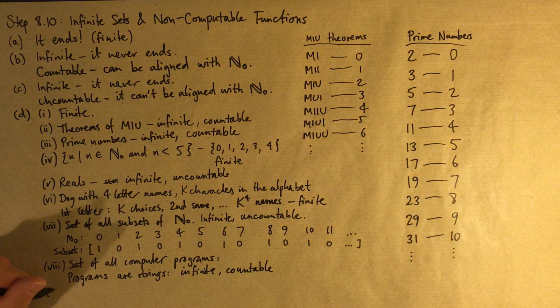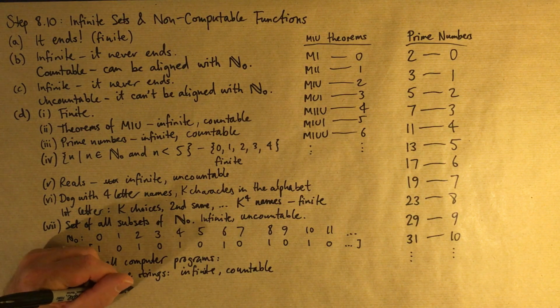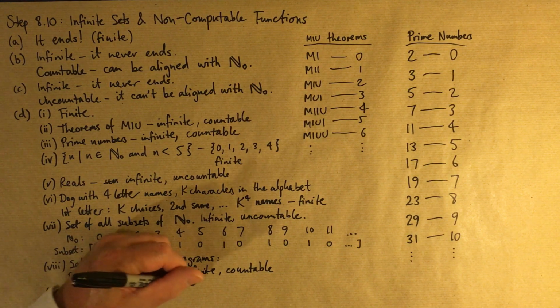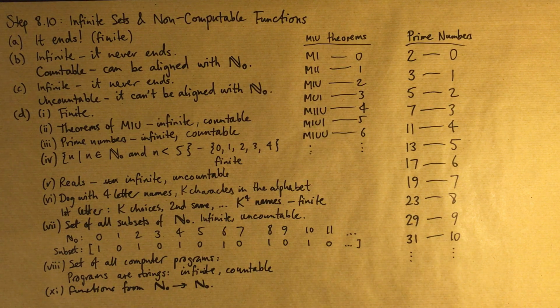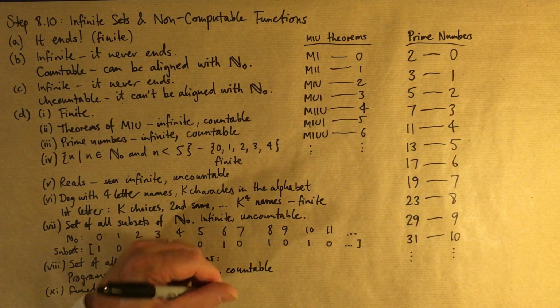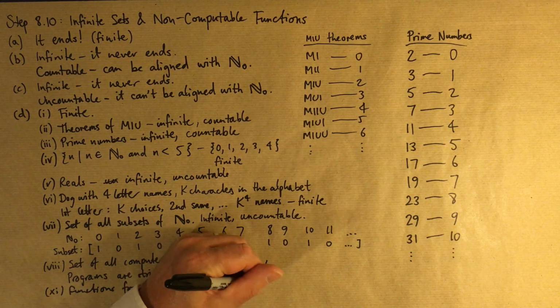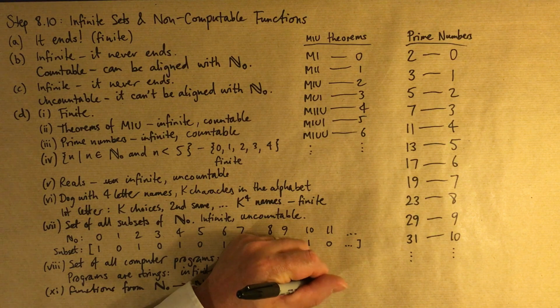And then finally, the functions from n0 that map onto members of n0. That was the proof that I gave you in the other lecture on the diagonalization argument. And we showed that that's infinite and it's uncountable. You cannot map it to the natural numbers.